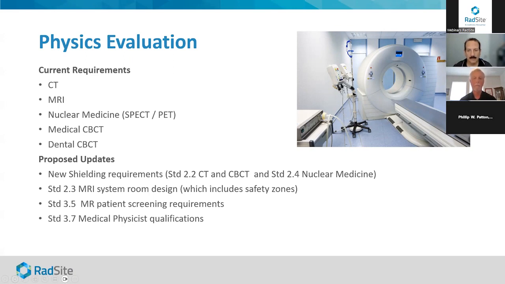It's really that straightforward. The images have to agree with the physics report, and the physics report has to have all passing on it. We will not accept a physics report that has something that's failed. Even if service comes back later and fixes that issue, the reason to have a third party evaluate the unit is to verify that it's performing.